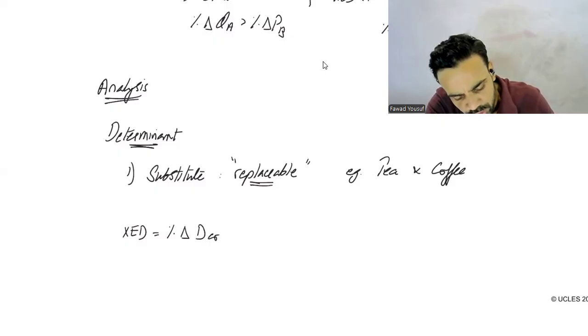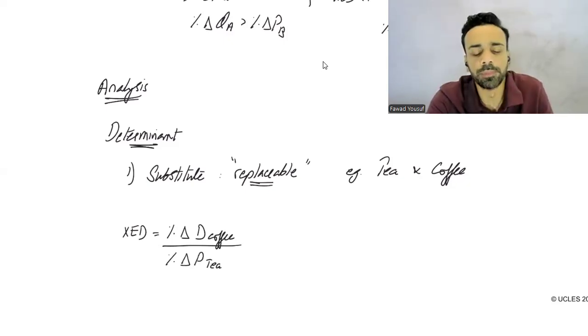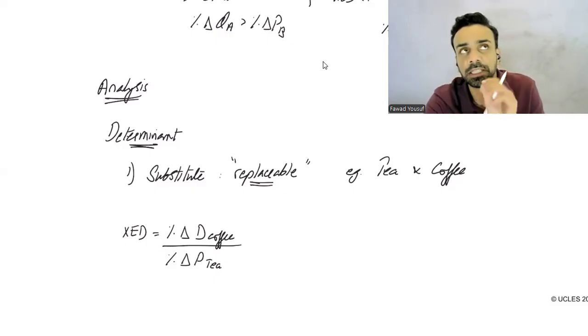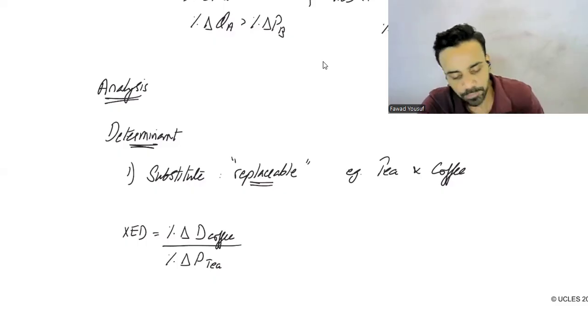I'm going to use the formula XED is equal to how much the demand for coffee will change when there is a change in the price of tea. I'm going to use the formula because I want to prove the sign. Okay, so this is what I'll say.